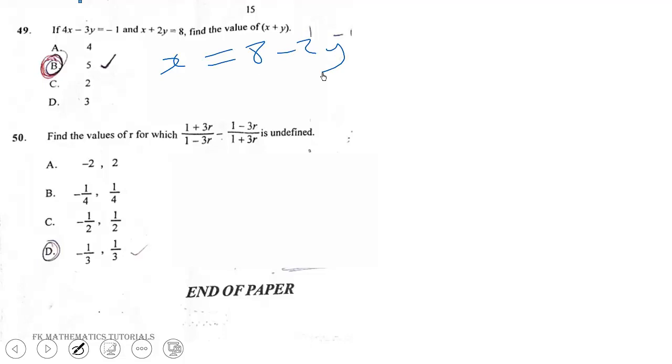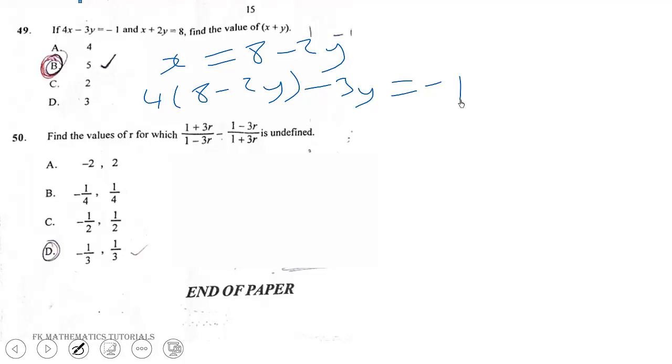So I can substitute this into the other one, to get 4 into 8 minus 2y minus 3y is equal to negative 1.